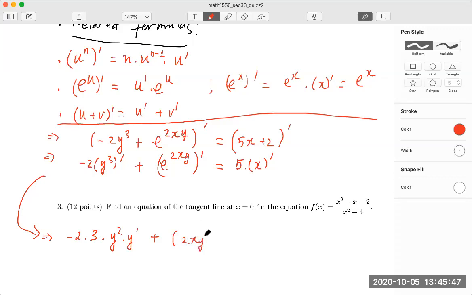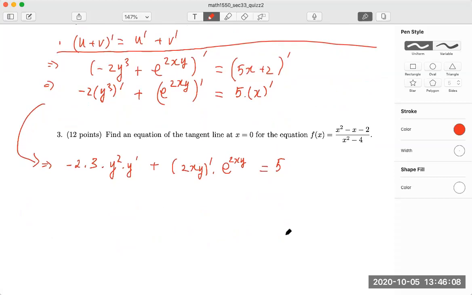It will be 2xy prime times e to the 2xy, right? And the right-hand side, 5 times the derivative of x, which is 5 times 1. It will be just 5. That's it, right?